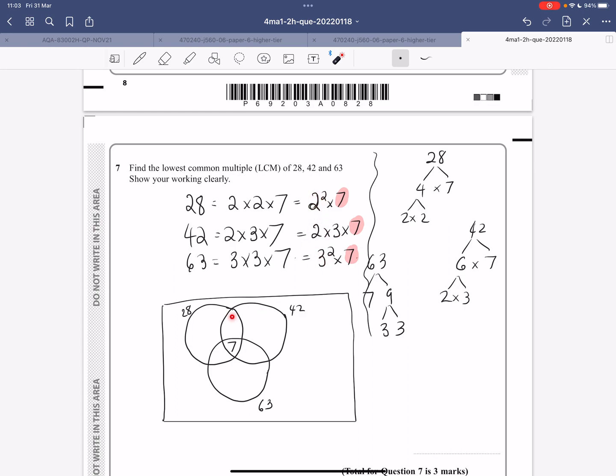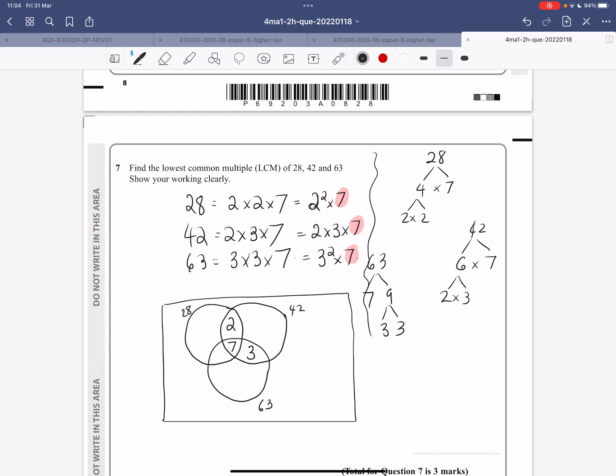So the 28 and the 42 overlap. It's going to be 1, 2, because that's all that overlaps there. Here, the 63 and the 42 overlap. Now, looking at those, there's only 1 three that overlaps there. And in this one, the 28 and the 63 overlap. There isn't any, because we've got 3 squared there and 2 there.